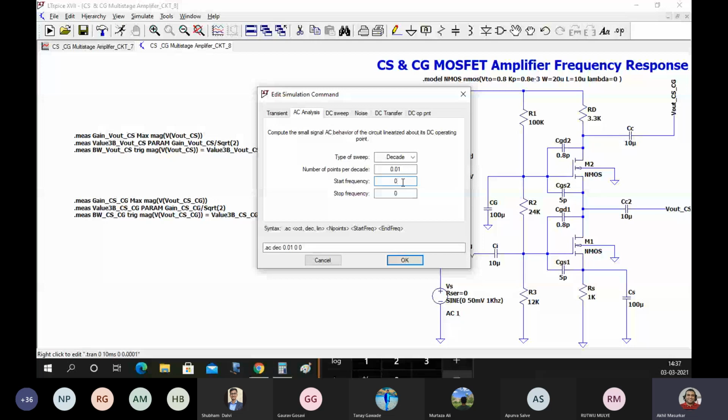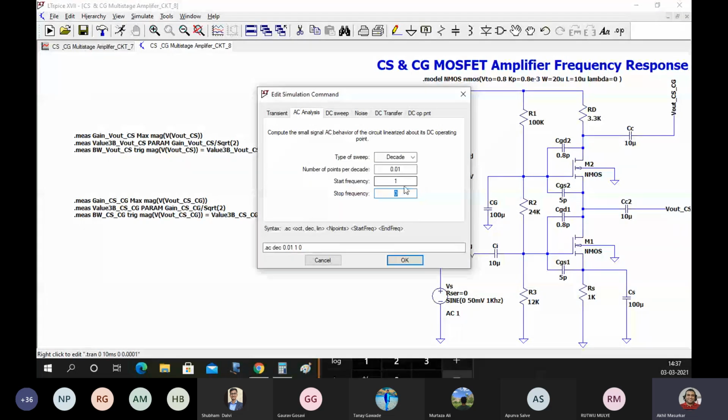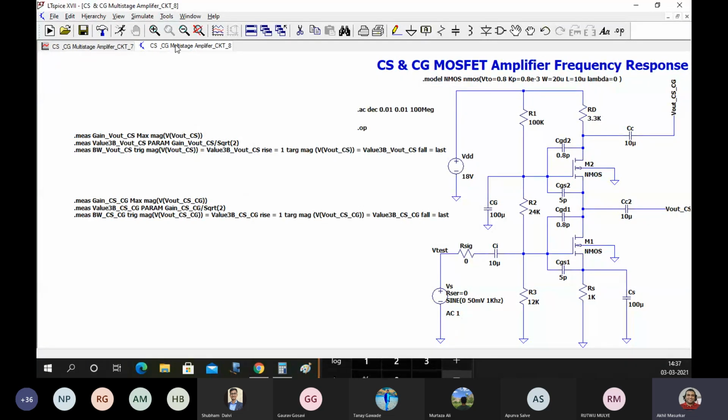Stop frequency has to be 100 meg, and this 0.01 we can start and just simulate this circuit, so you should be able to get this.